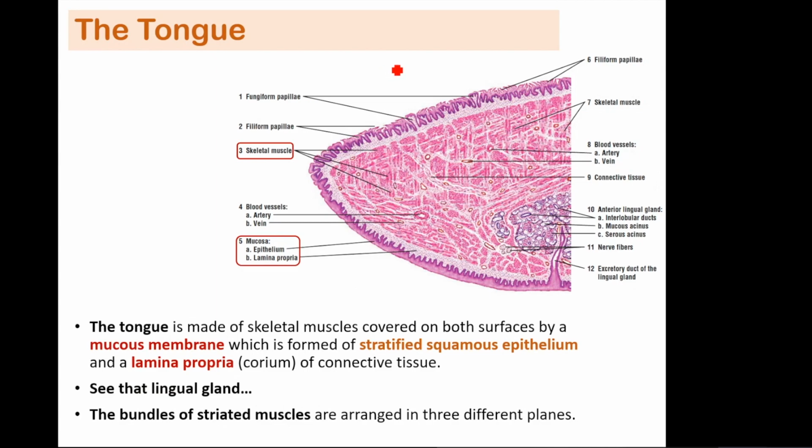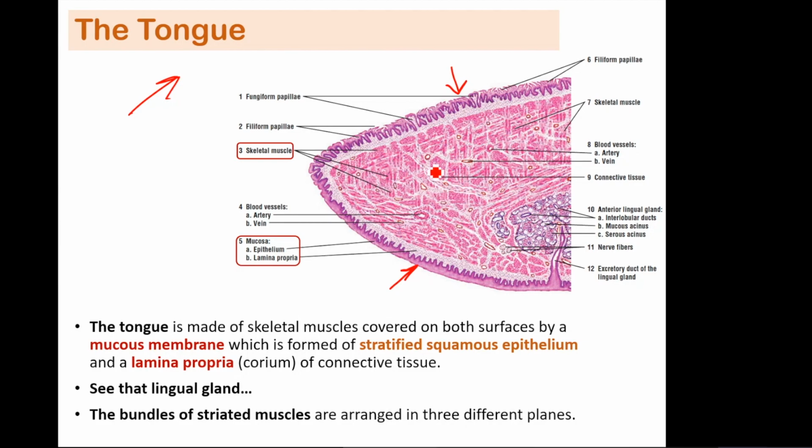So let us move a little bit internally, guys, inside the oral cavity. What we have other than the lips, of course, is the tongue. Look at the tongue, and you know that the upper surface, or superior surface, of the tongue is the dorsal surface, while the smooth lower surface of the tongue is the ventral surface.